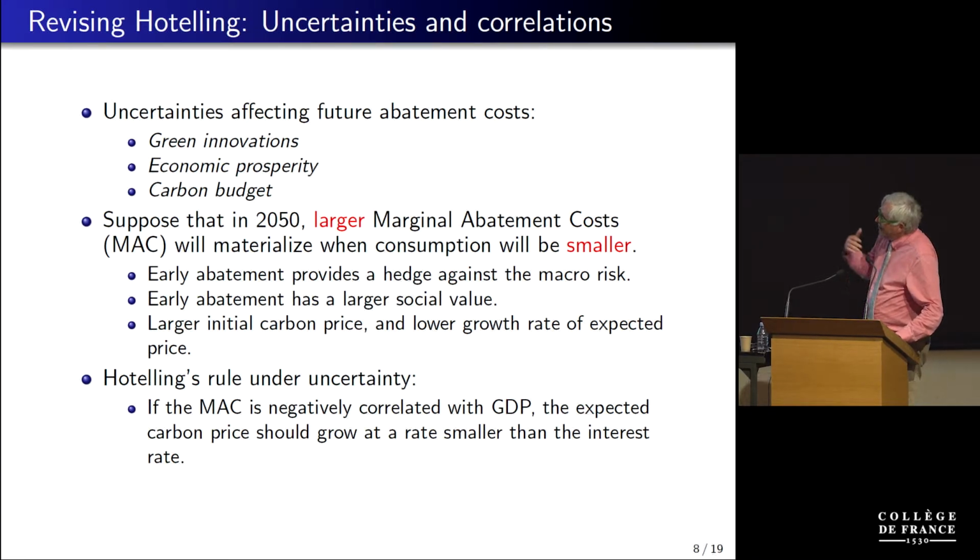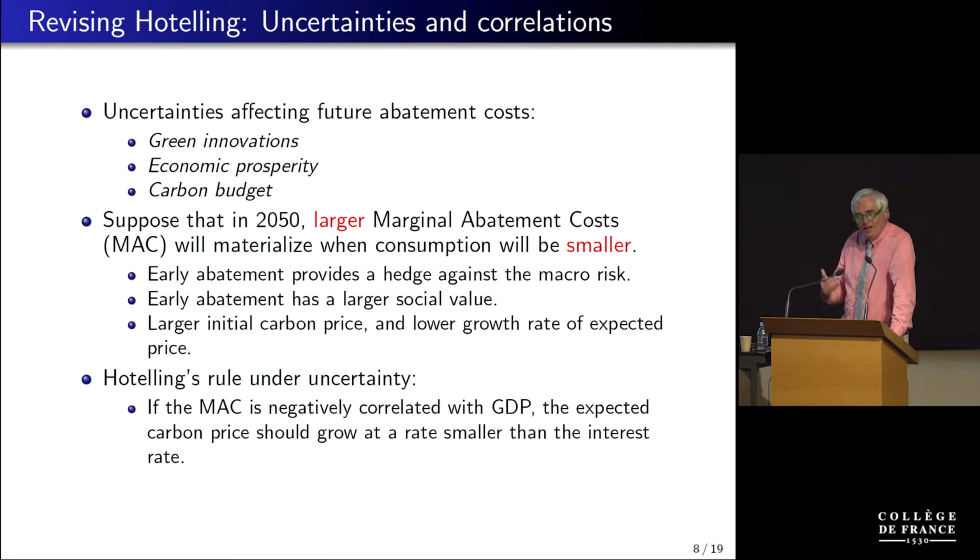Okay, so that is, in 2050, a state with a large consumption is associated to a state with a large marginal abatement cost. Well, in that situation, reducing more emission right now is less useful because it does not provide a kind of insurance against the bad state of nature.